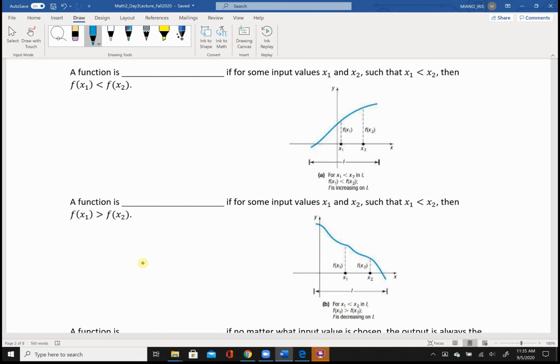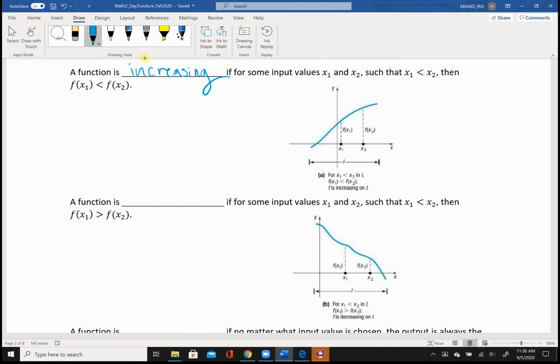Here is an example of an increasing function, so I'll put increasing in the blank. The way you know it's increasing is that as you increase your x values, so if x2 is greater than x1, like we see in the formal definition, then the corresponding output values also increase in the same manner. Graphically, you'll see your trajectory rising as you scan the coordinate plane from left to right.